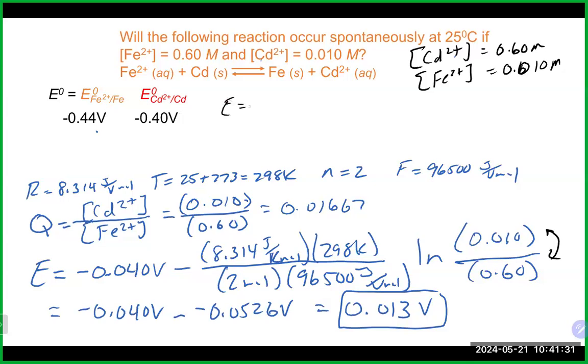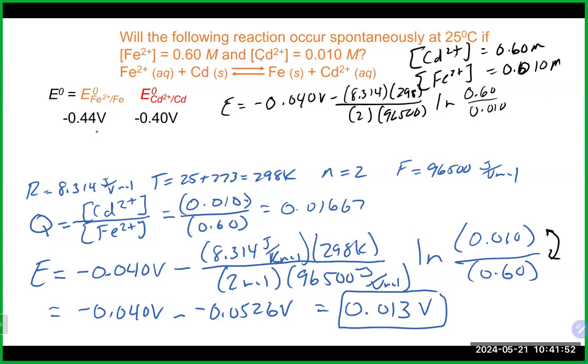Our E is equal to minus 0.04 volts minus our 8.314, 298, our 2, and our 96,500. Natural log, again, switching it around would give us 0.6 up on top and 0.01 on the bottom.